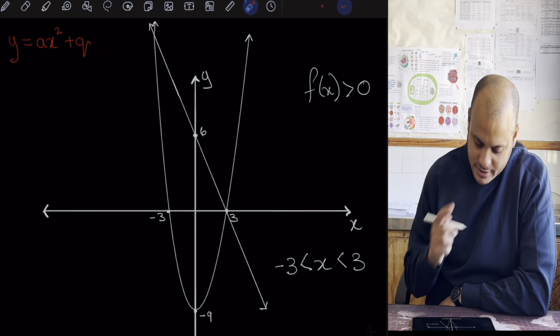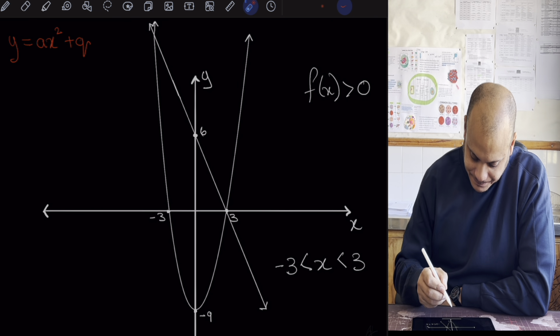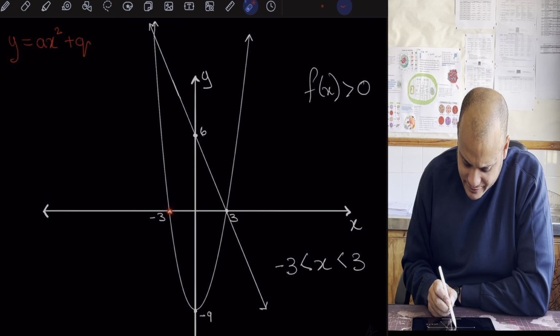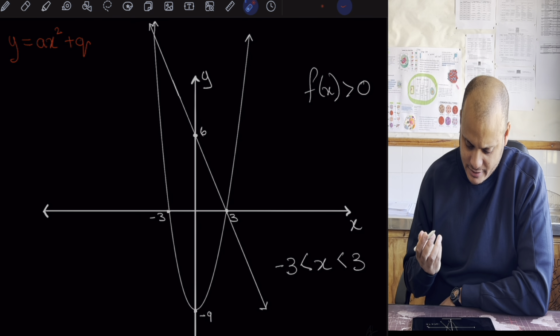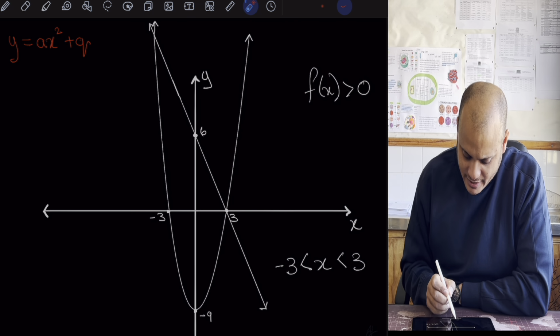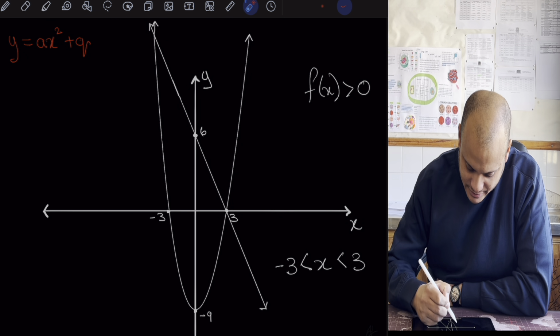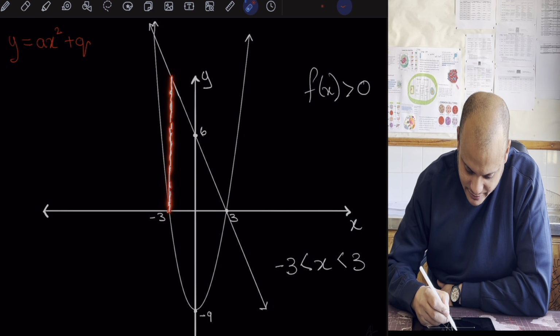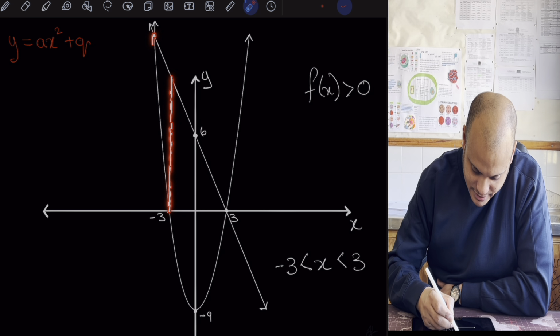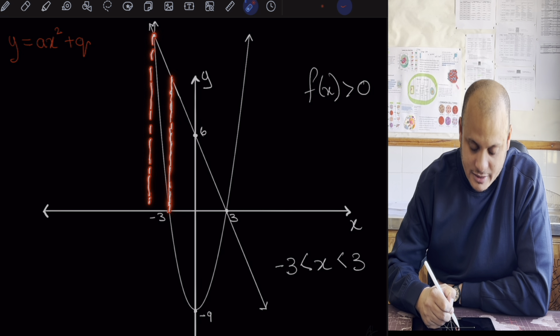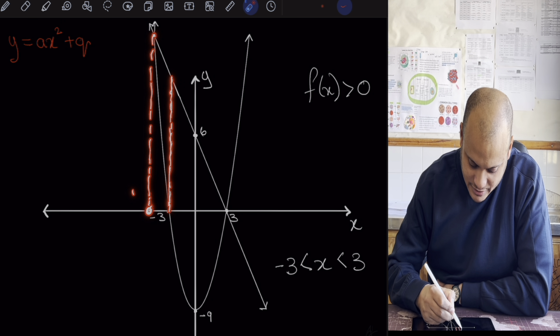So let's see where this is. If I look at -3 and 3, just as a note here, I can't use -3 as a reference point because there's no intersection happening at x equals -3, right? The intersection is here. So that value, like I said earlier, we're going to find out what it is.